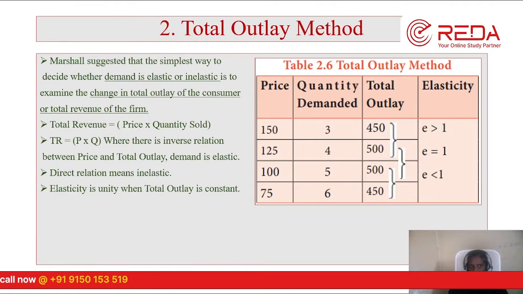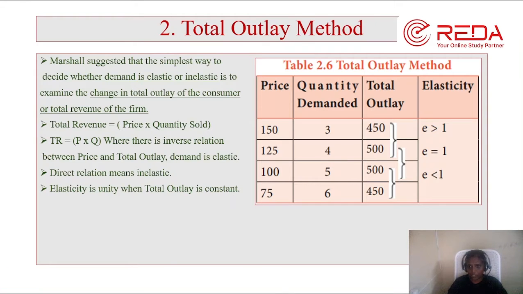The second method is the total outlay method. It is also one of the easiest methods to measure the elasticity of demand. Marshall analyzed the measurement of elasticity of demand with the help of the total outlay method. What do you mean by total outlay?